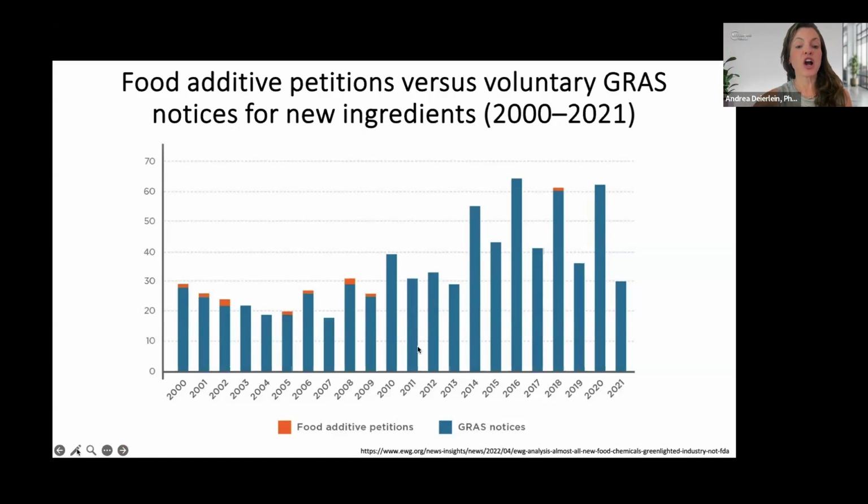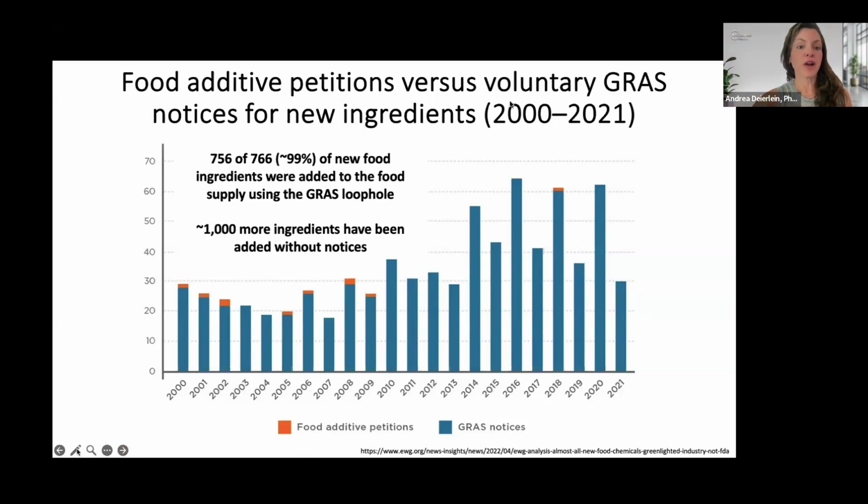So you could see that the majority of new food ingredients that are being put into the food supply are being used through more of this voluntary GRAS notifications rather than these food additive petitions. So 99% were added through this GRAS loophole.